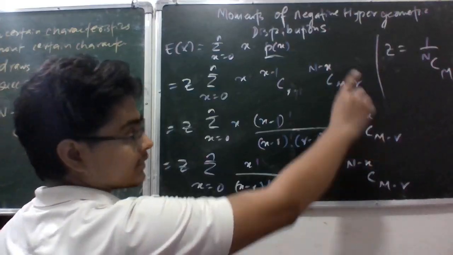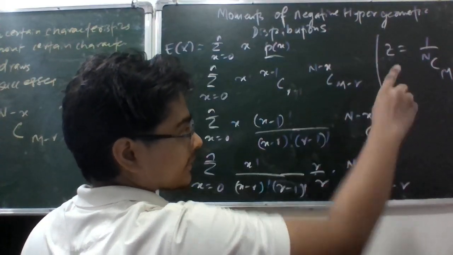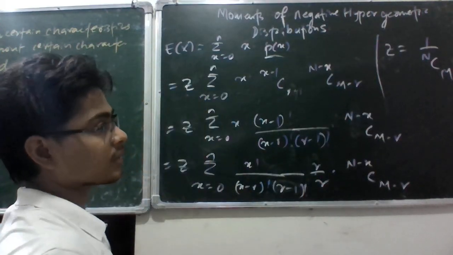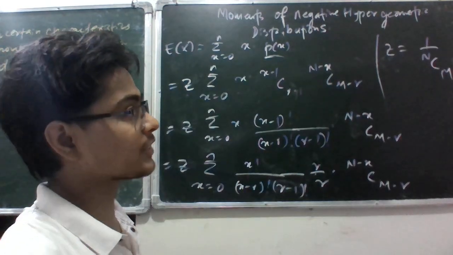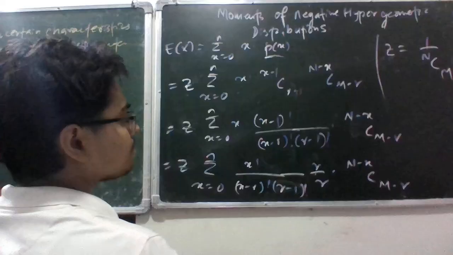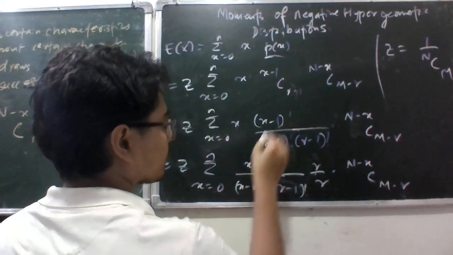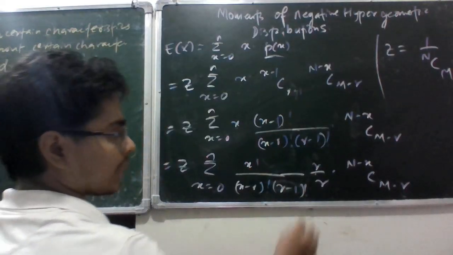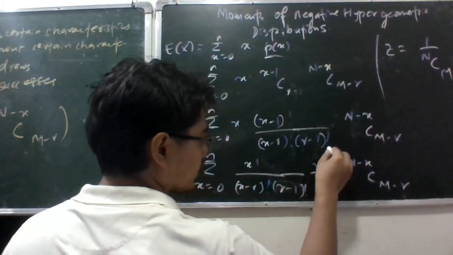When I put that in here, I consider z to be 1 over n C m. z is a constant. We do not have any x term, so it gets out of this summation sign. Now here x times x minus 1 becomes x factorial. Now we have r minus 1 factorial.